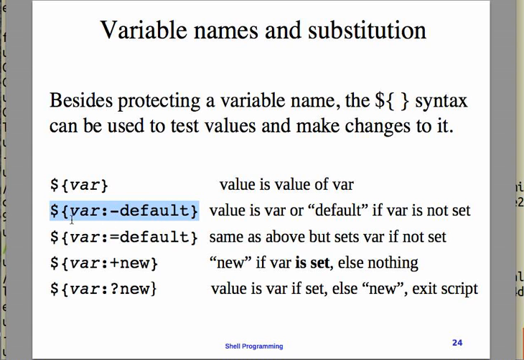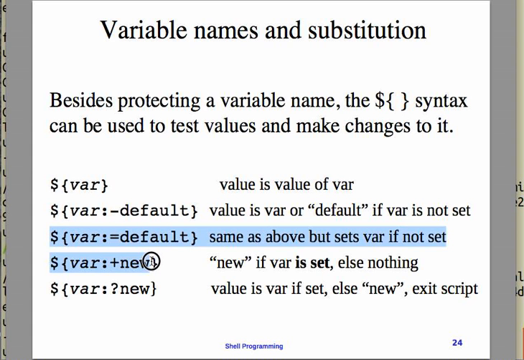Okay, so these are just names. Var is just a name, and default is just a name. If var has not been set, this whole thing will have the value of the second variable, which in this case is called default. You can also use an equal instead of a minus, and what that will do is if var is not set, not only will this whole thing have the same value as the second variable, $default, but also it will assign the value of $default into var.